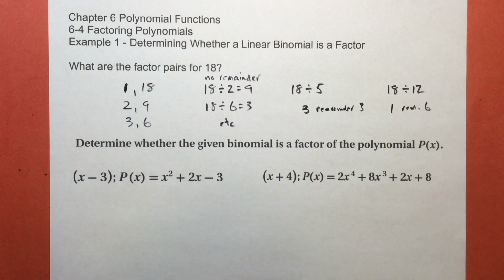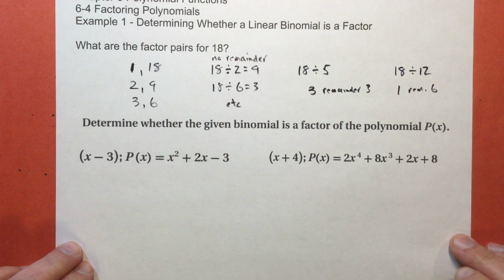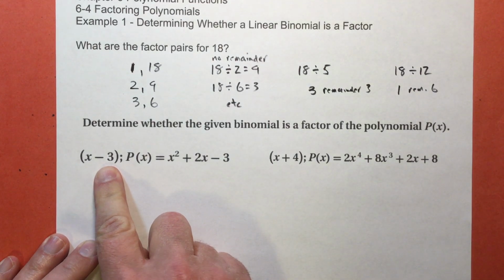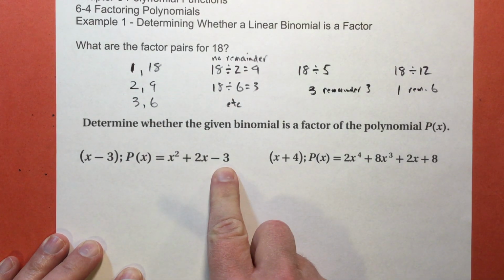So like 18 divided by 5 is actually 3.6. But we're trying to get into the idea that if you divide and it doesn't go in completely, then we end up with a remainder. How's that going to help here? So what I want to figure out is whether x subtract 3 is a factor of x squared plus 2x subtract 3.